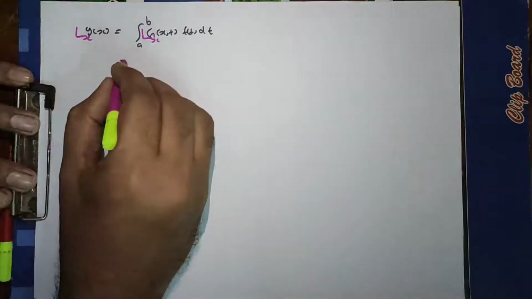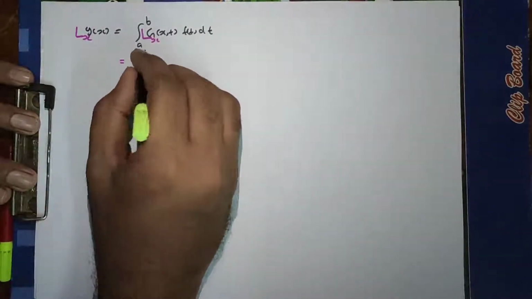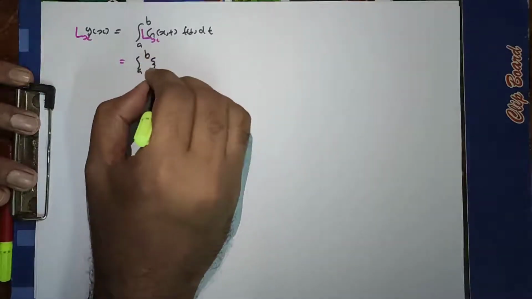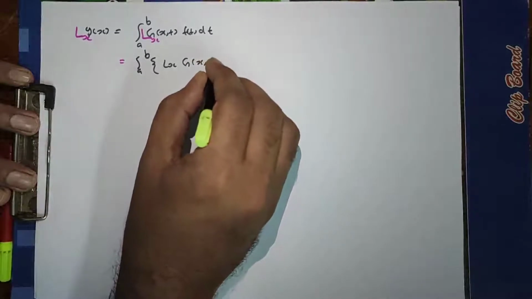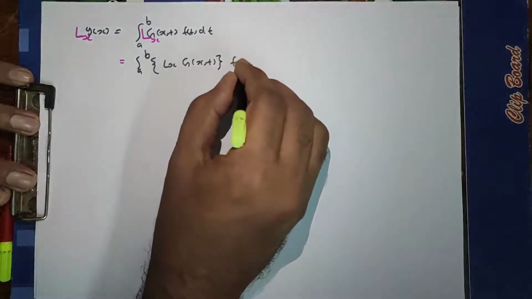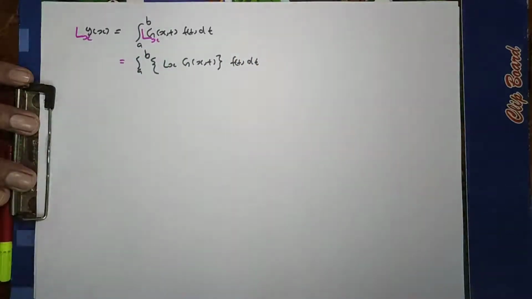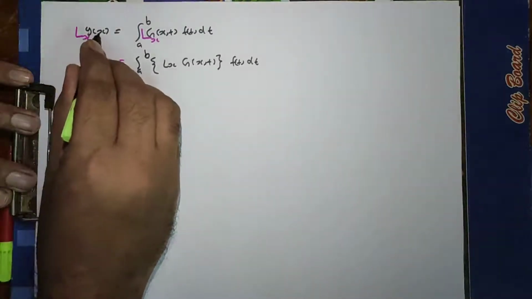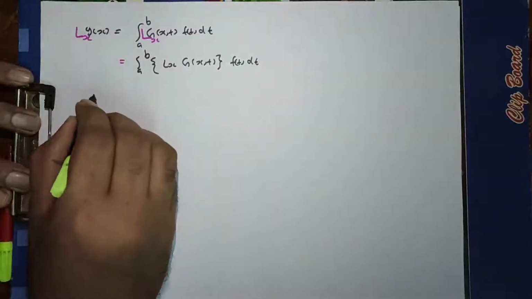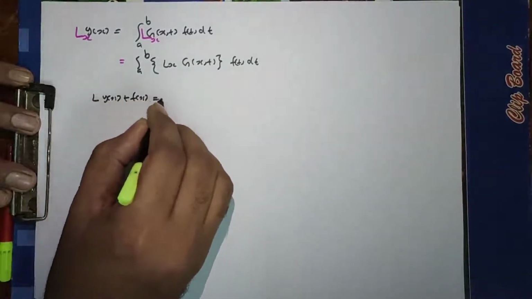Now this is equal to integral from a to b, L x on g of xt f of t dt. Okay, so now L x on y of x will be equal to, our equation is L operating on y of x plus f of x is equal to 0.